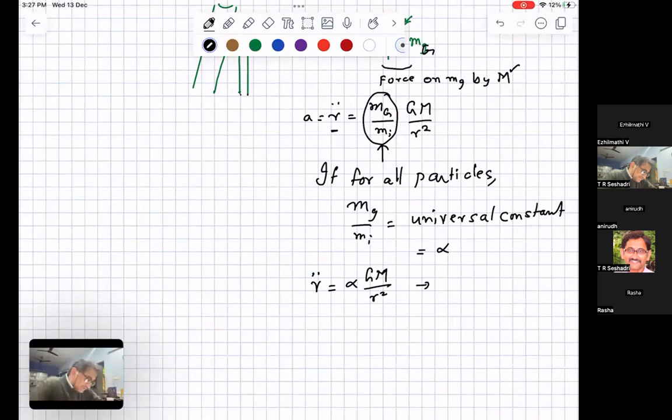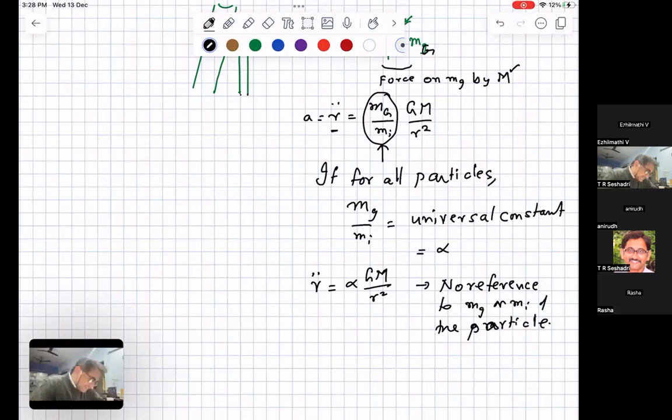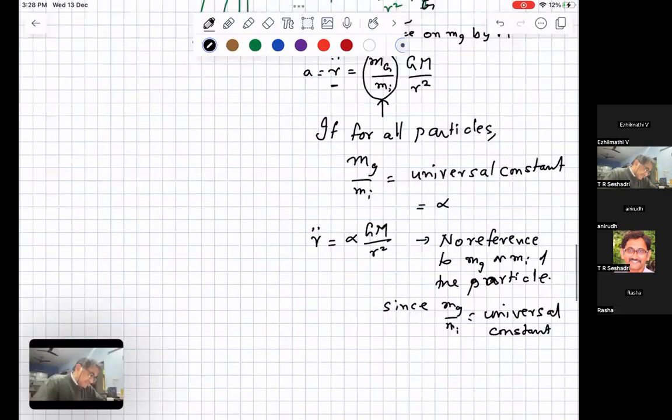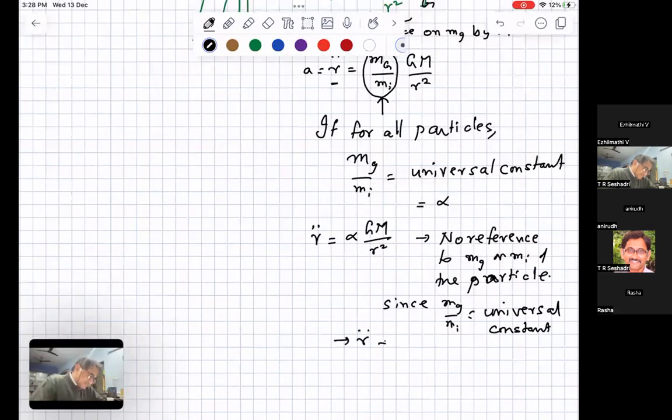And there is no reference to mg or mi of the particle. And since mg by mi is a universal constant, R double dot is the same for all test particles.